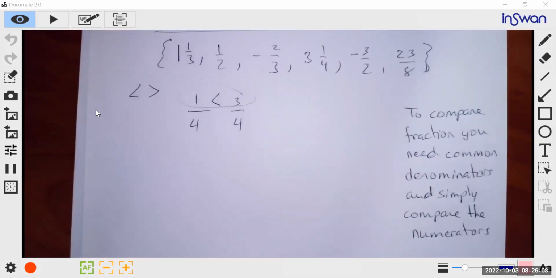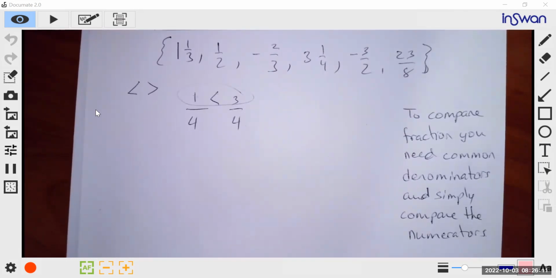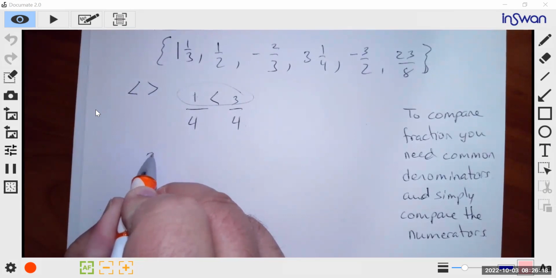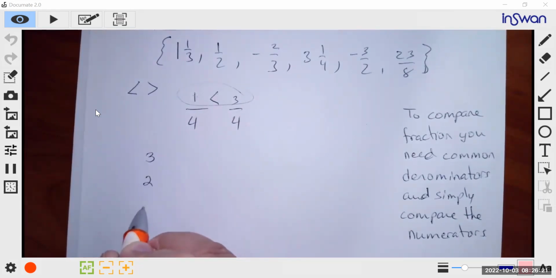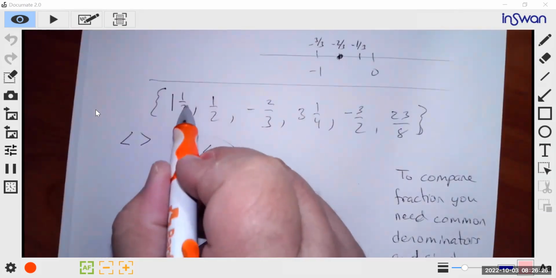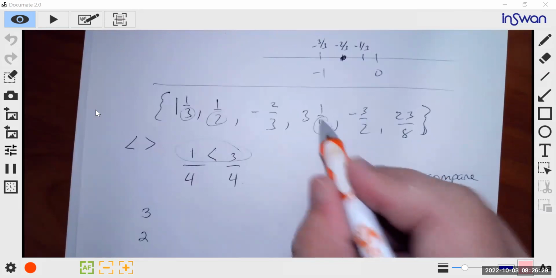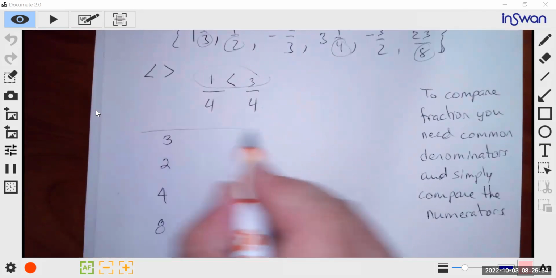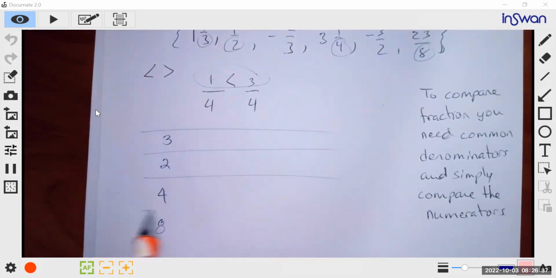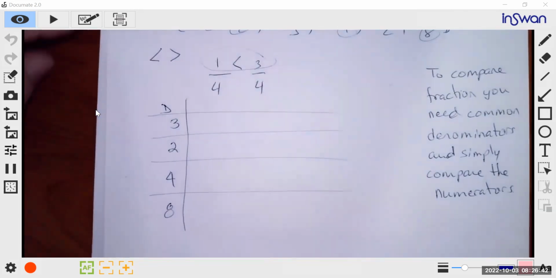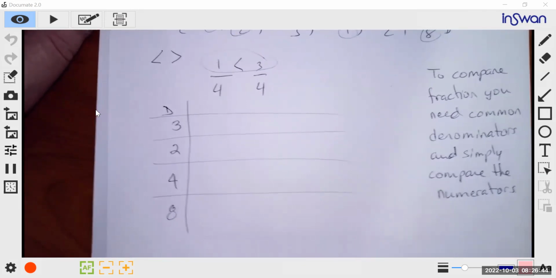So you see the problem with our list of numbers? What denominators do we have so far? We have 3, we have 2, we have 4, and we have 8. So using this chart, what do we need to do next?